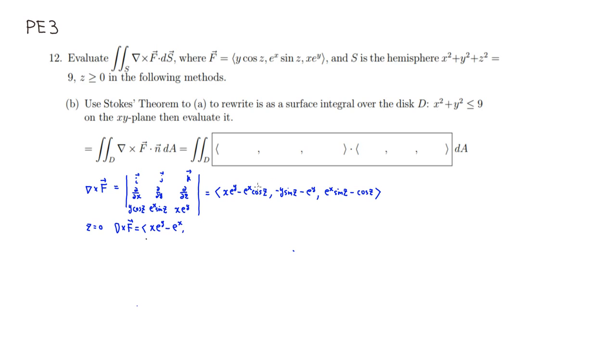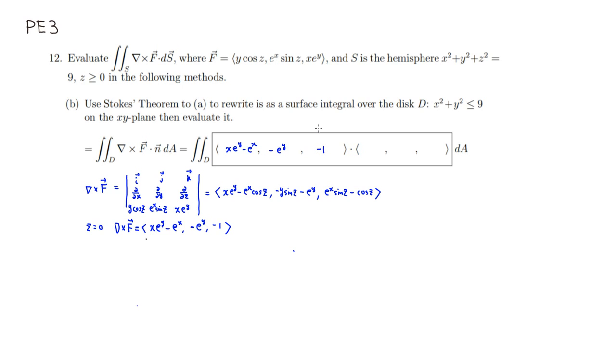The middle component, sine of 0 is 0, so you just get negative e to the y. And the last component, sine of z is 0 and cosine of 0 is 1, so it's going to be negative 1. So you have x e to the y minus e to the x, negative e to the y, and negative 1.